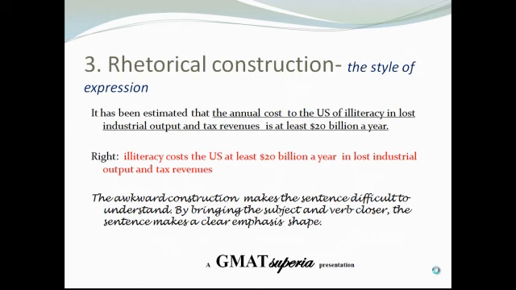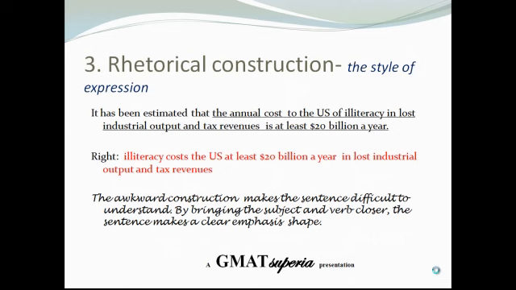And that is how we need to construct a sentence for effect and persuasion. Because if you are looking at the sentence in terms of bringing about this emphasis of how much illiteracy costs the US, we need to present the sentence in such a fashion. Alright?